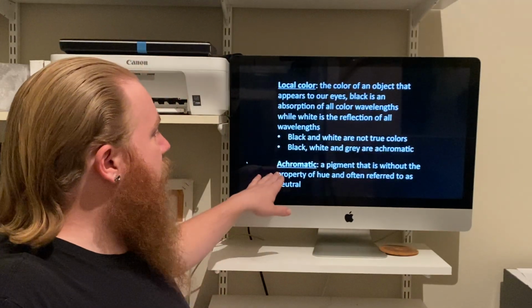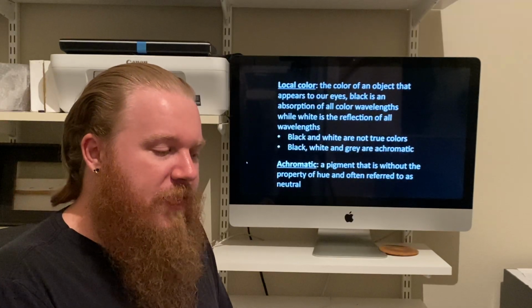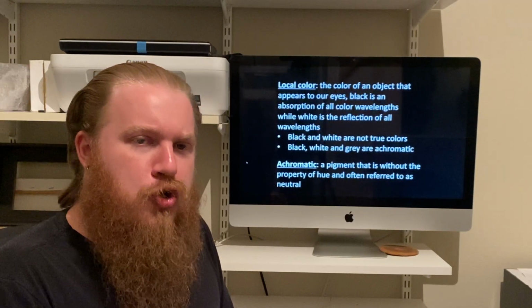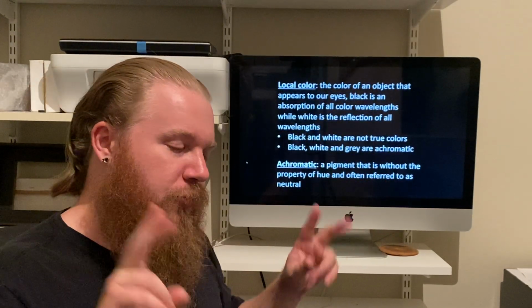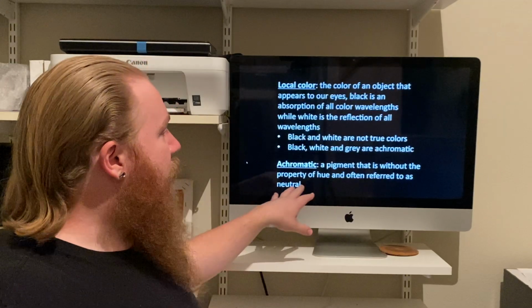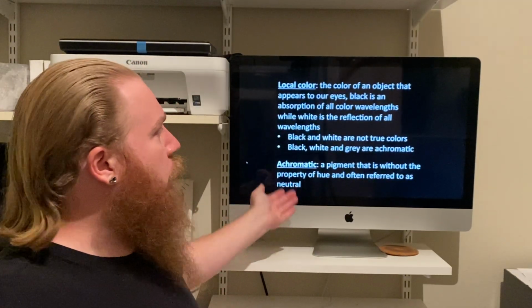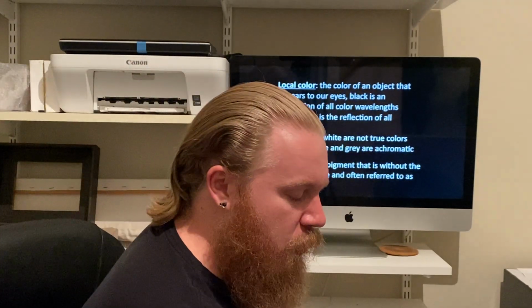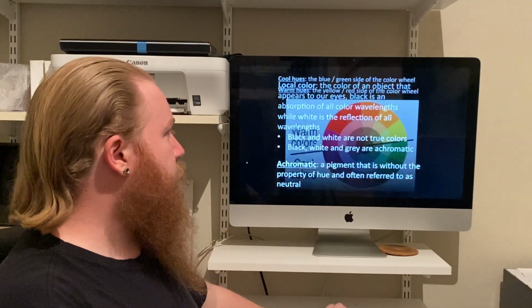And so in that sense, achromatic refers to a pigment that is without the properties of hue and often referred to as neutral. So black, white, and gray tend to be on the neutral scale. And once again, if we interact those neutrals or achromatic colors with chromatic or local colors, then it can also enhance or change our perception of those colors as well.